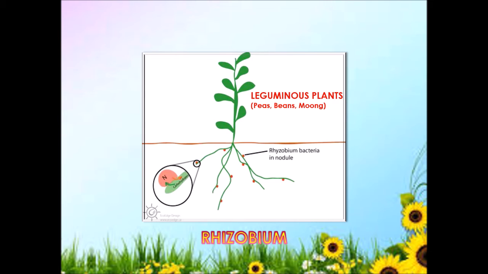The leguminous plants allow the rhizobium bacteria to live on its roots and also provide all the nutrients to it. On the other hand, the rhizobium bacteria convert the nitrogen present in the soil into a usable form for the plants. So, in this way, they both benefit each other.